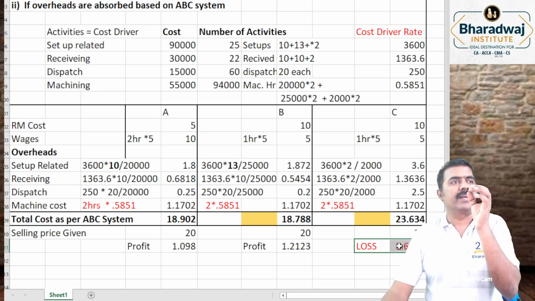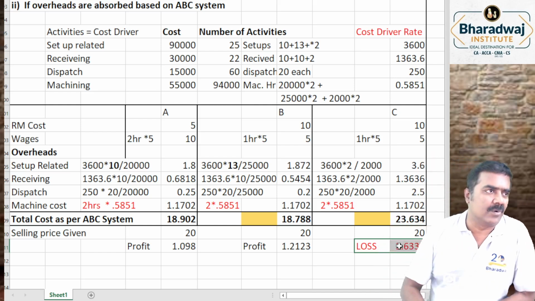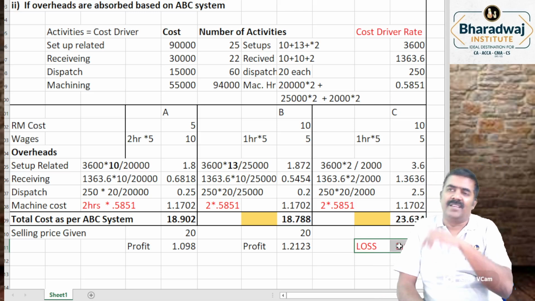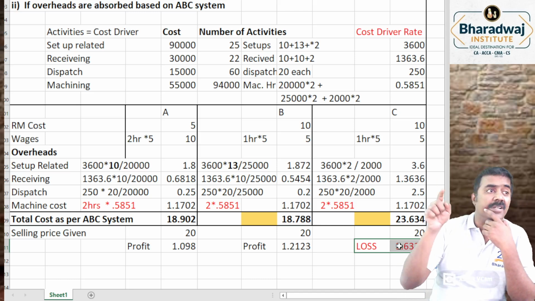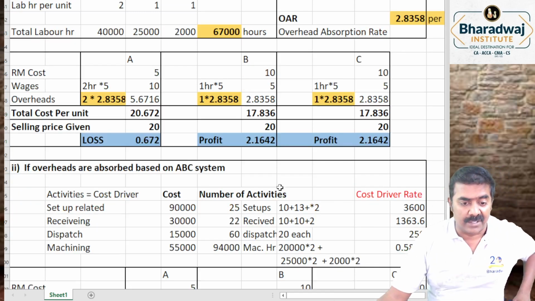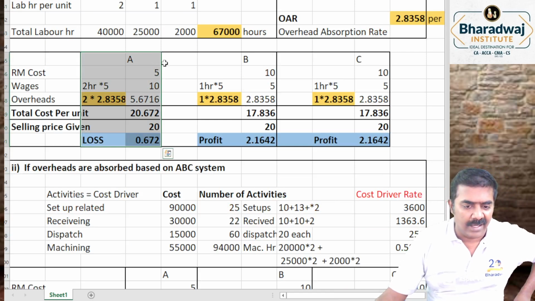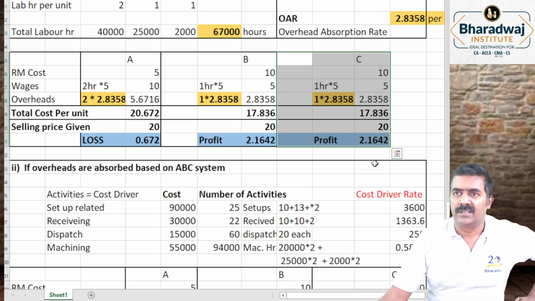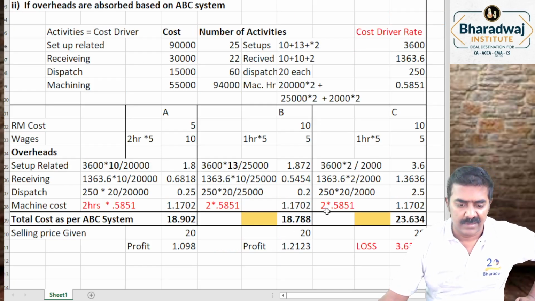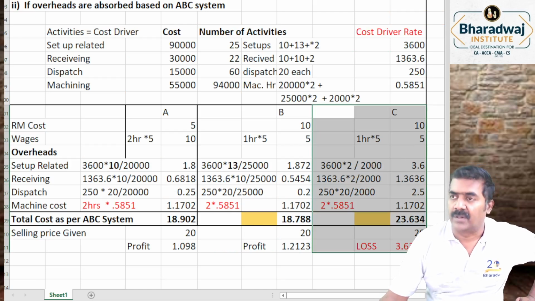See, otherwise, if you take a decision, I started with management accounting, information for decision making. If you use traditional method, what decision you would have taken? Let us discontinue A and continue C. But applying ABC method, what is the correct decision? Discontinue C, but A should be continued.